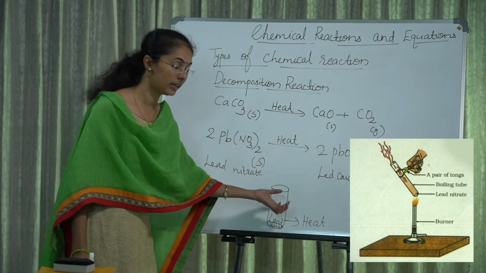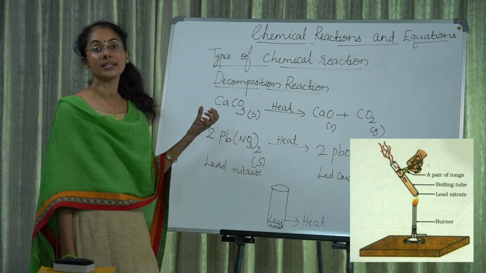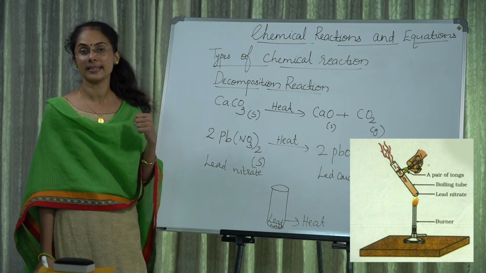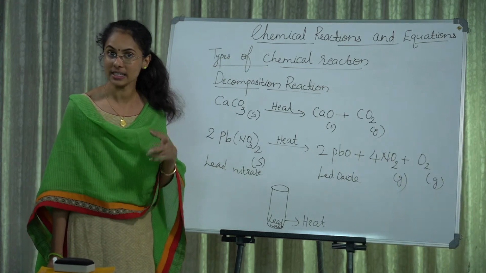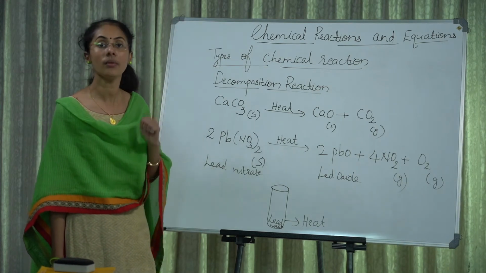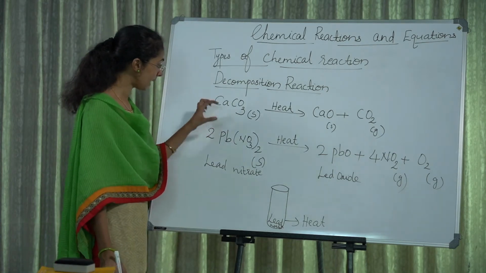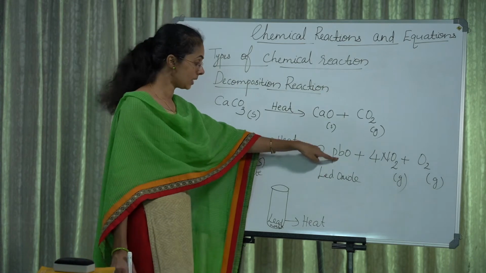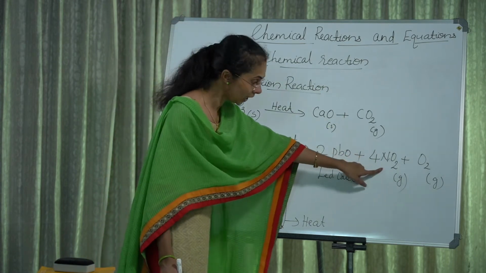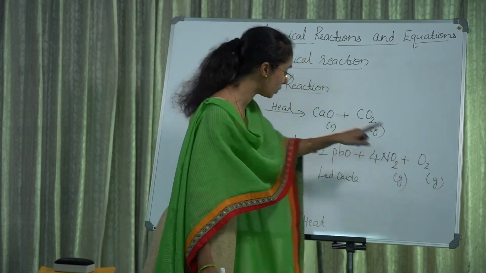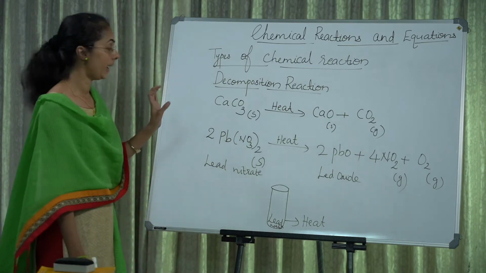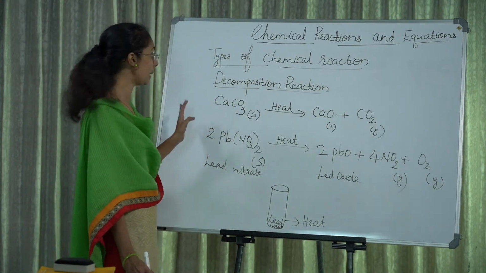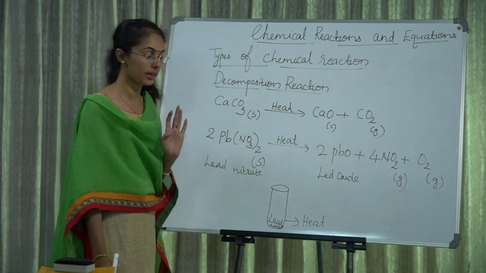That brown gas indicates the presence of nitrate. Then lead nitrate on heating forms lead oxide, NO2 and O2. This one is also an example of a thermal decomposition reaction.